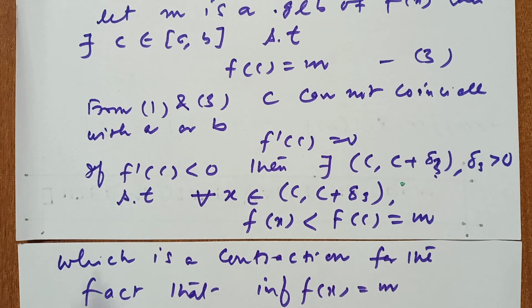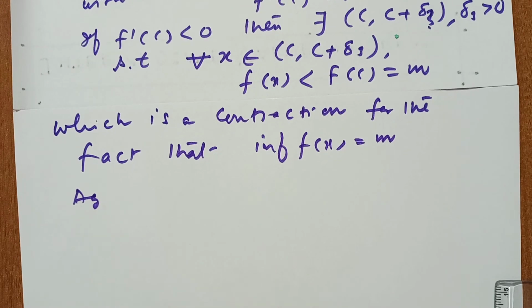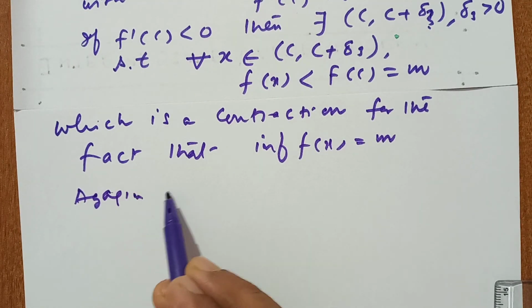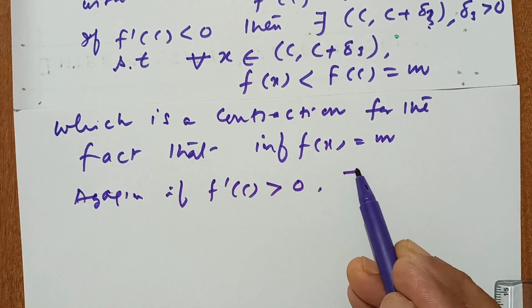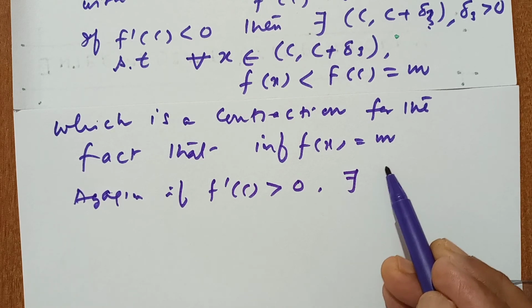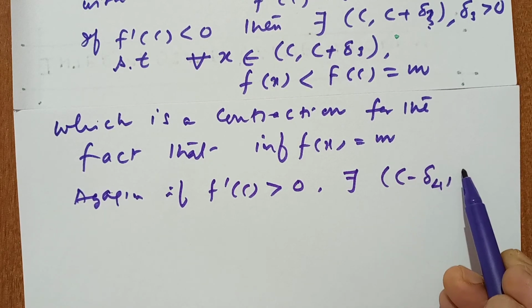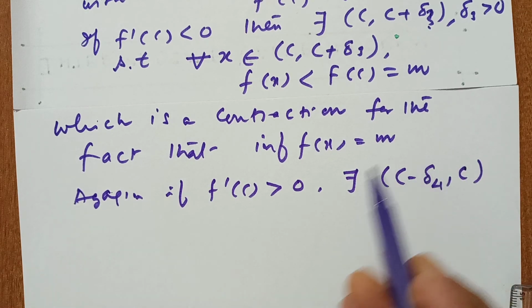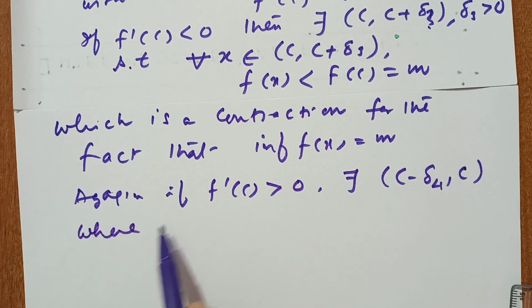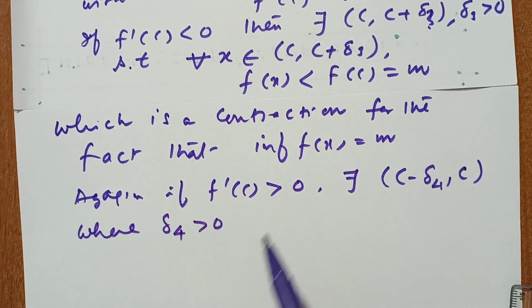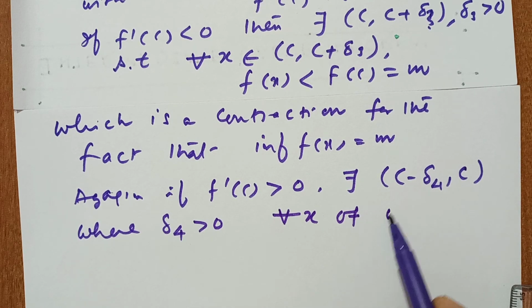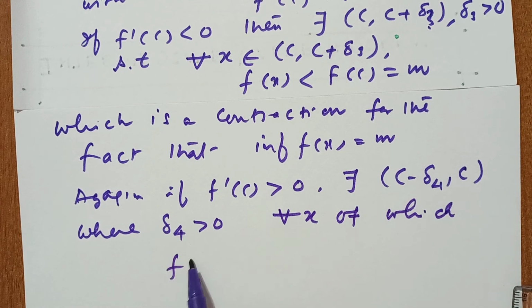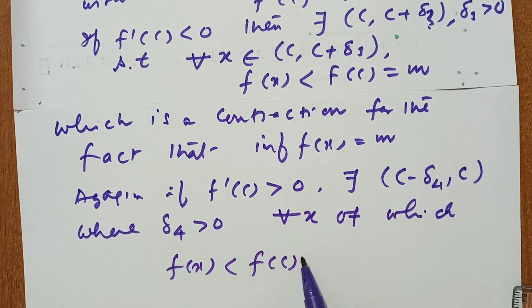Again, if f'(c) is positive, then there exists an interval (c minus delta 4, c), where delta 4 is a positive real number, such that for every point x of it, f(x) is less than f(c), which equals m.